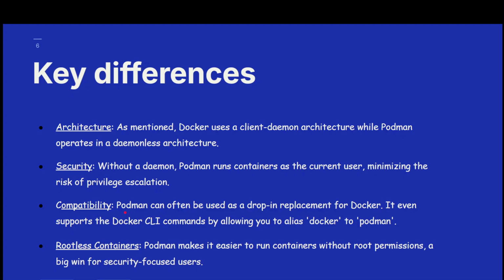Or, if we are used to Docker and want to continue using the docker keyword, we can create an alias from docker to podman in our CLI, shell or bash. Then instead of using podman run, we can use docker run or docker pull, and internally it will use Podman itself.